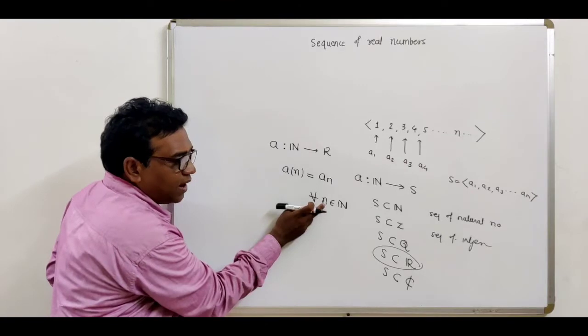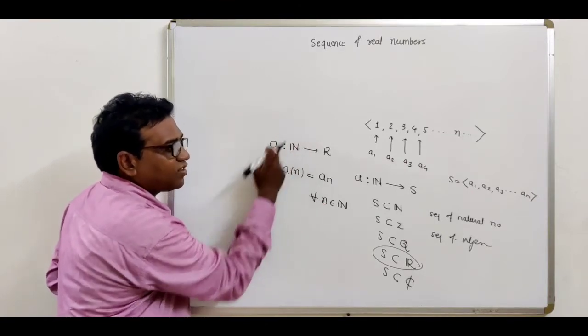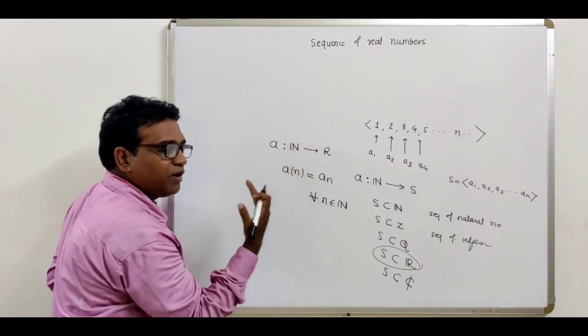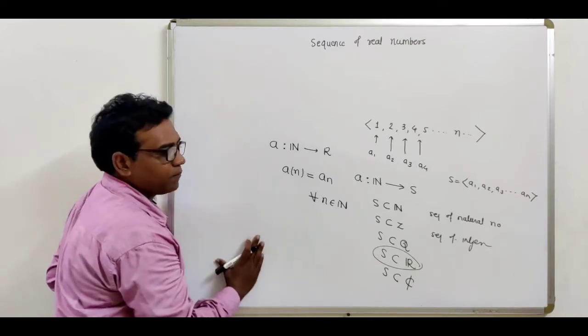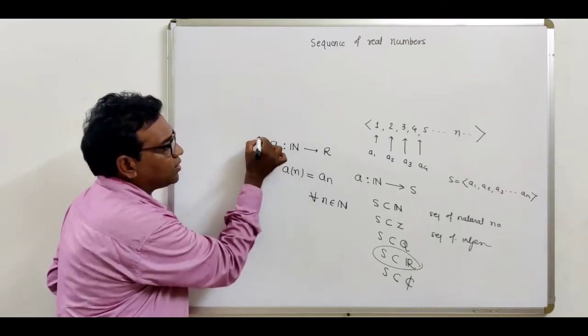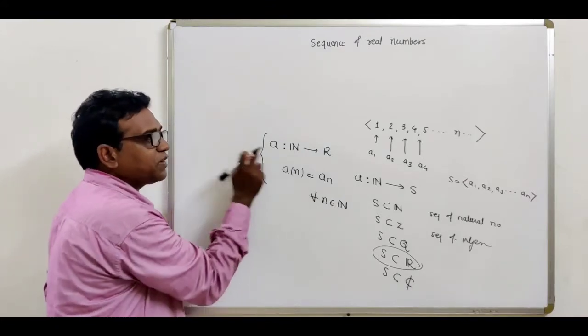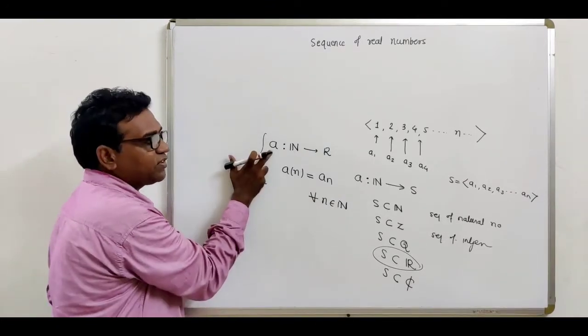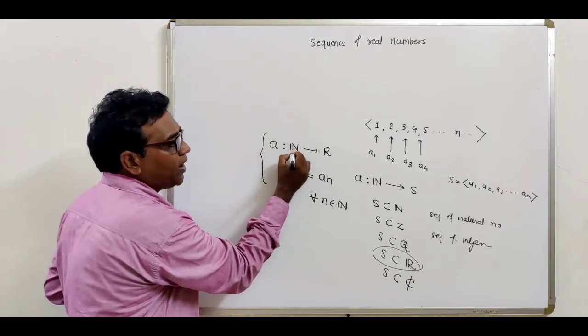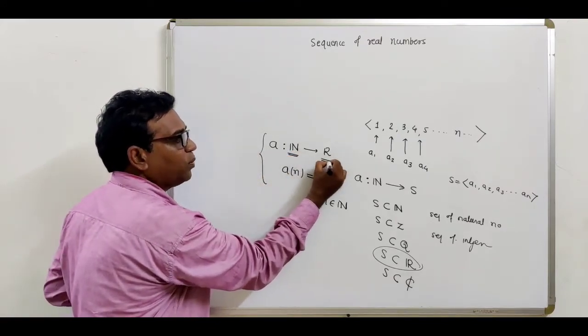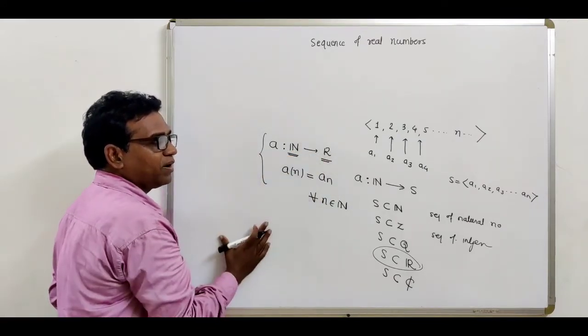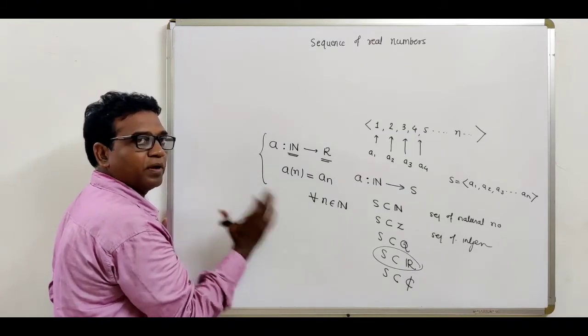We have to take the element n from the natural numbers, which contain the elements 1, 2, 3, 4 up to infinity. So this is the definition of a sequence. A sequence is a special type of function whose domain is the natural numbers and codomain is the set of real numbers, and that is called a sequence of real numbers.